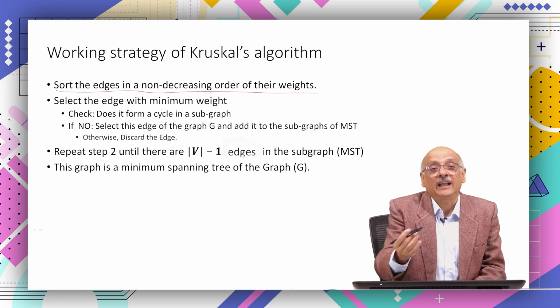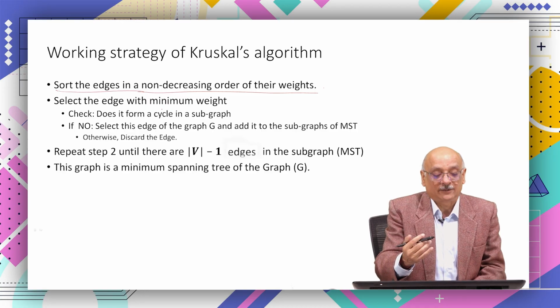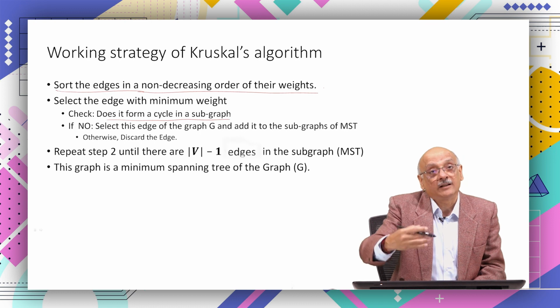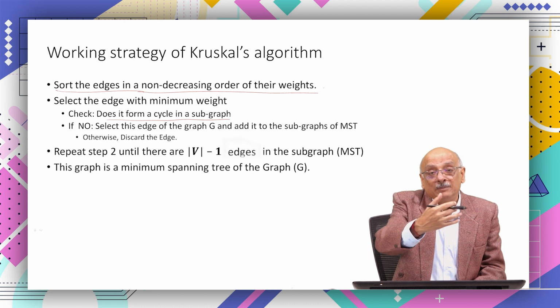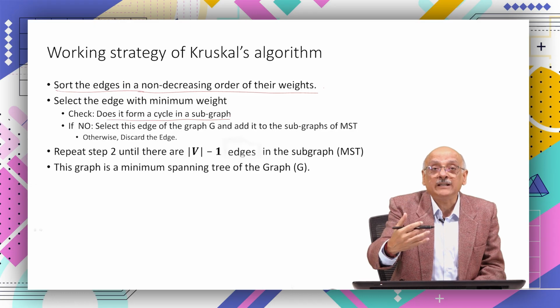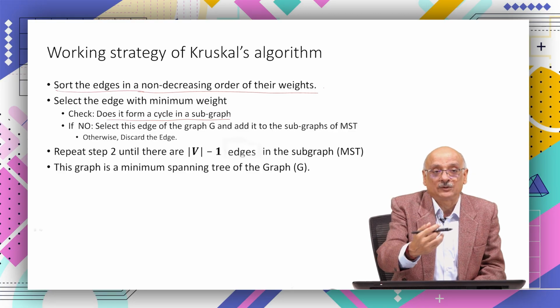Then select the edge with minimum weight, okay? And then we will check whether it forms a cycle as far as any subgraph is concerned. There may be multiple subgraphs as far as Kruskal's algorithm is concerned, and what we need to check is whether a cycle is being formed when we select a new edge into it.